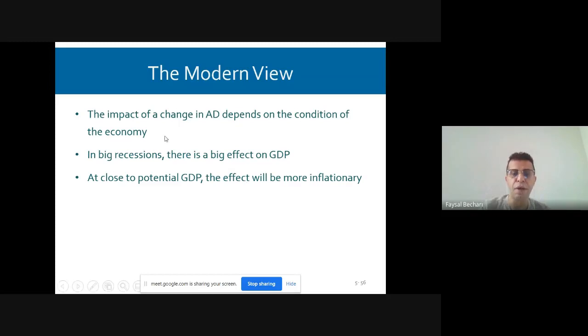The modern view says the impact of a change in aggregate demand depends on the condition of the economy. A normal economy is different than one in a recession. In a big recession, there is a big effect on GDP, while close to potential GDP, the effect is more inflationary.